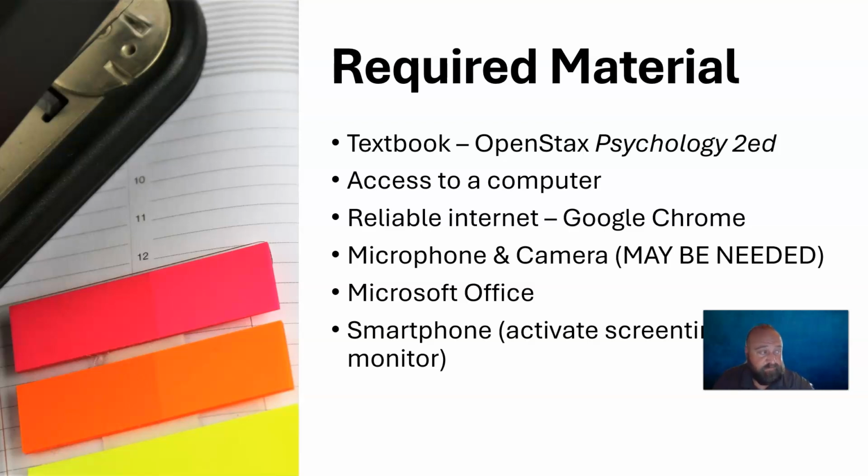If for some reason you happen to not have a smartphone, just reach out to me at the start of the semester and I can arrange for you to do an alternate assignment. But this is going to be something that's required for Project 2. So please make sure that you do that at the start of the semester so that you're not rushing to do it at the last minute before Project 2 is due. For most of you, it's probably already activated and you just aren't aware of it.